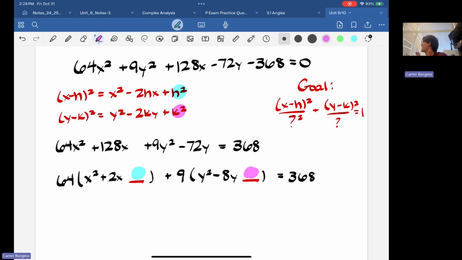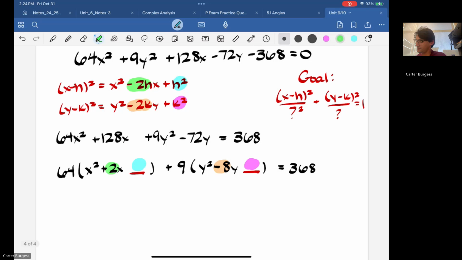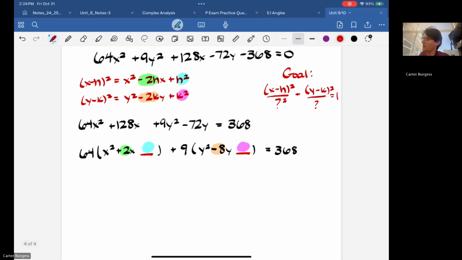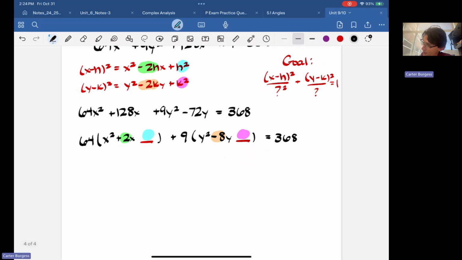But I don't know h and k yet. The good news is, though, h and k show up elsewhere in this setup. Specifically, my linear x term's coefficient is -2 times h, and my linear y term's coefficient is -2 times k. Therefore, what are our values of h and k?